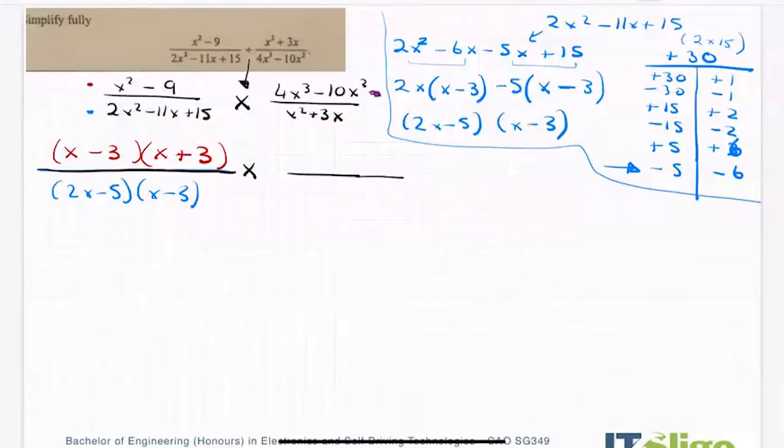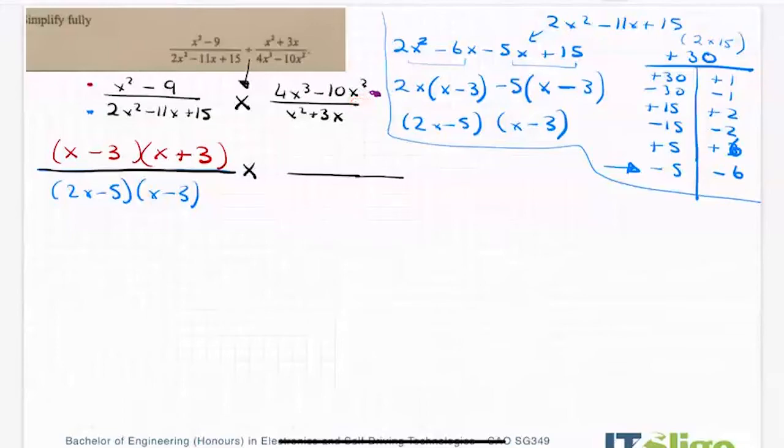So 4x cubed minus 10x squared. So it's a cubed, it's not a quadratic, so there's no guide number or anything like that. In this one, it's taking out the highest common factor. So what's common between the term 4x cubed and 10x squared? Well, definitely the number 2 is, and then x squared.